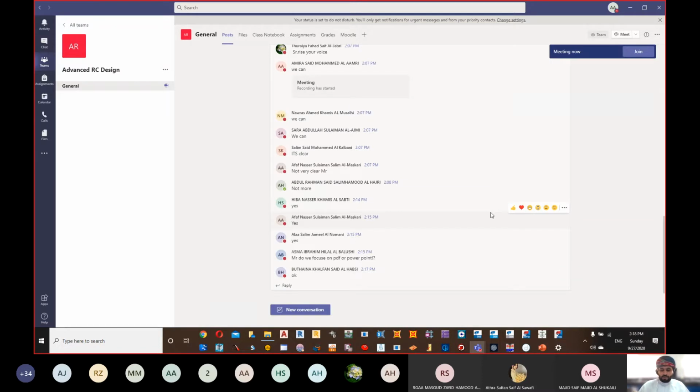You can write comments in your chat box. Why do we have a lot of concrete structures? Why don't we go for steel? Why don't we go for timber, like any other country who's doing timber as well? Any idea?